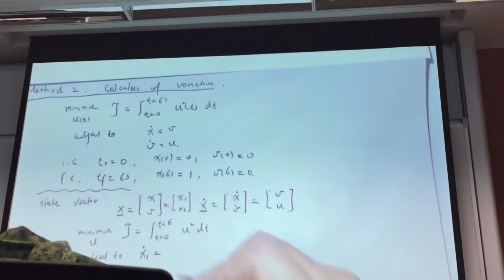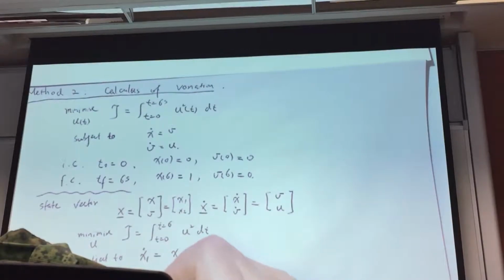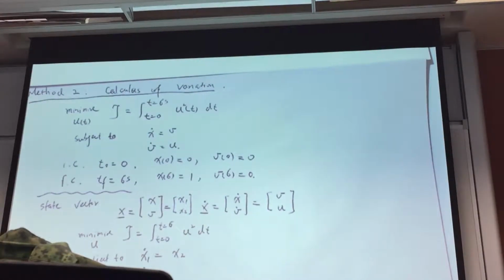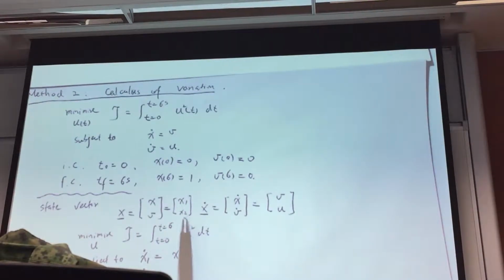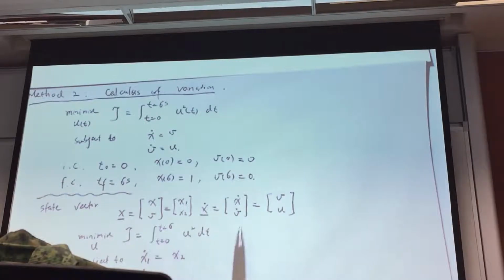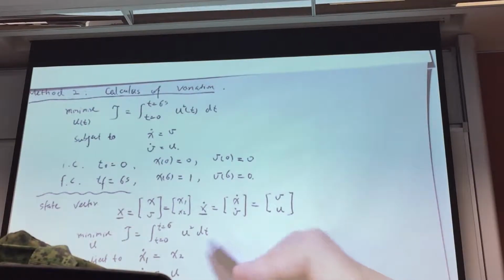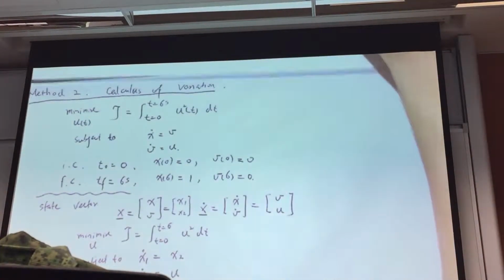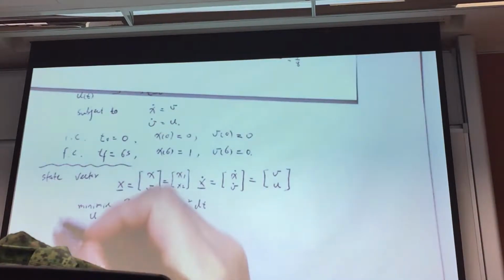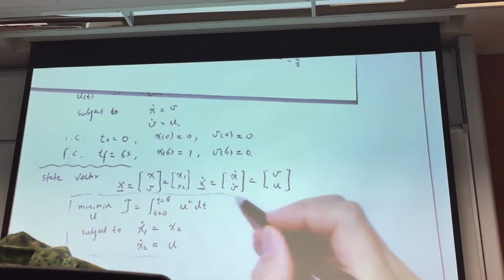So x1 dot equal to x2. And x2 dot: x2 equal to v, so x2 dot is equal to v dot. So v dot equal to u, is equal to u.